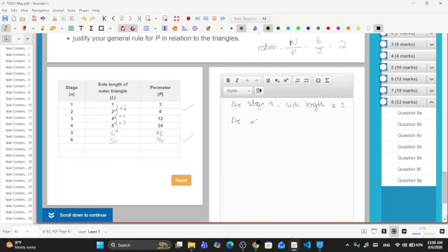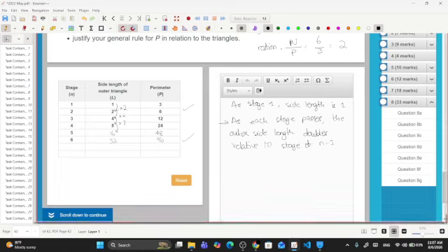As each stage passes, the outer side length doubles relative to stage n minus 1.